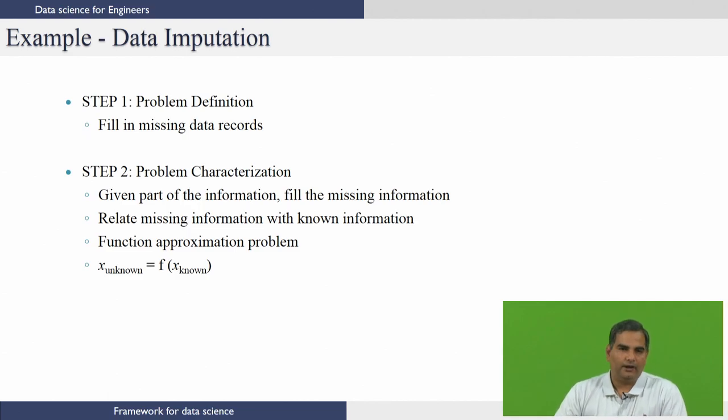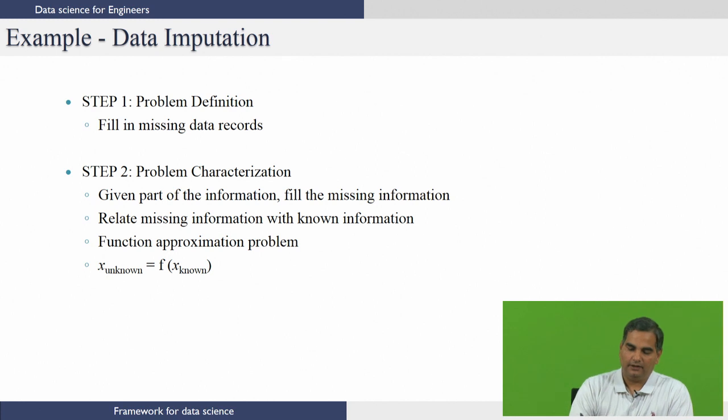One way to think about this is that I need to get some knowledge about the missing information from somewhere, and the only place I can get it is from whatever I know about this data, from whatever I have with me currently. So the idea is to relate the missing data to the known data. That seems like a logical way to solve this problem.